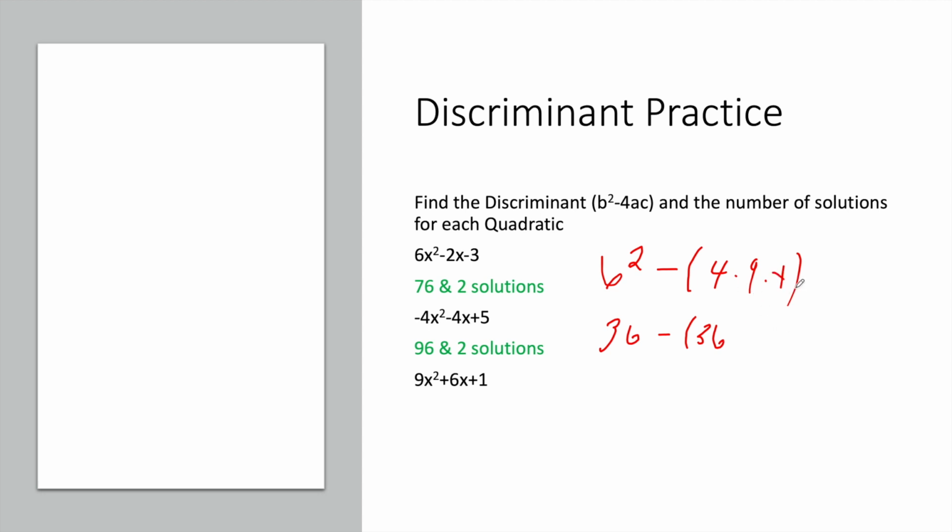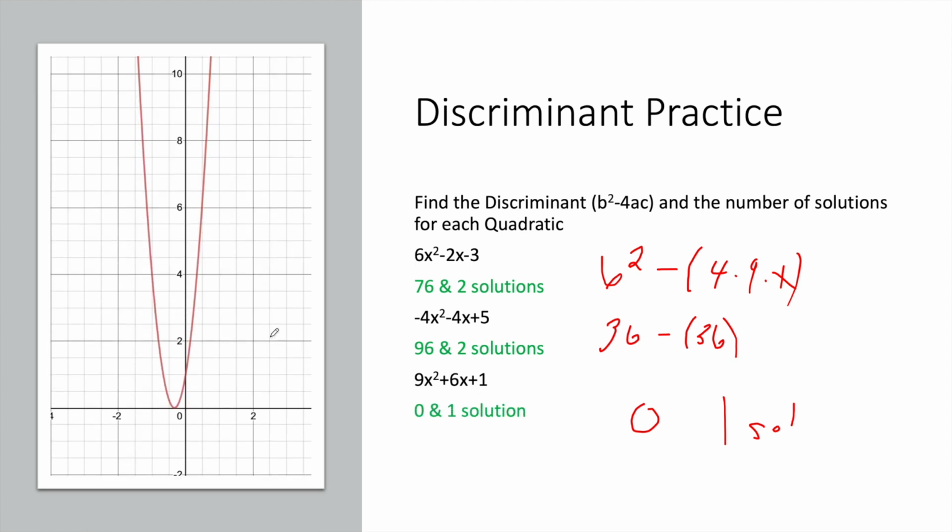So we can just cancel that out. 36 minus 36 is 0. And if you remember, 0 means we have one solution. If we check our answer, we got that right as well.